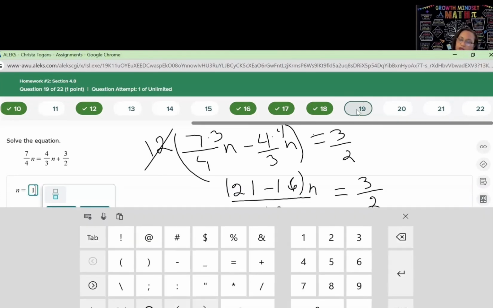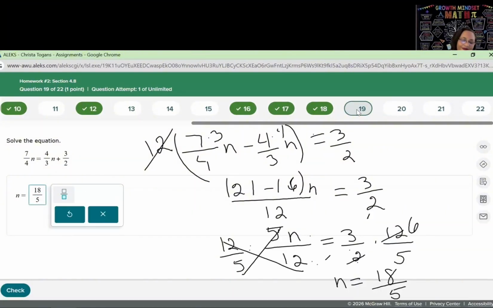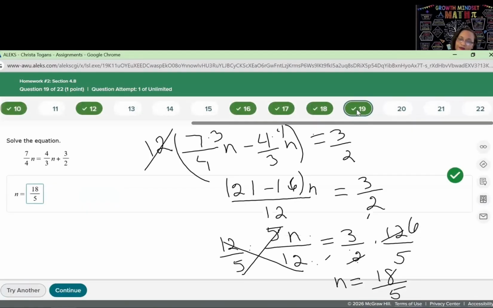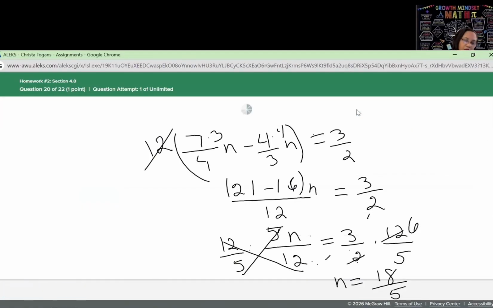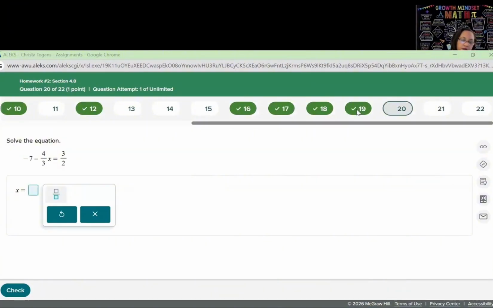So that one was a little bit different. It had a little bit of everything in it. And then 20. Same thing. You're just going to add 7 to both sides, and then you are going to multiply by the reciprocal.